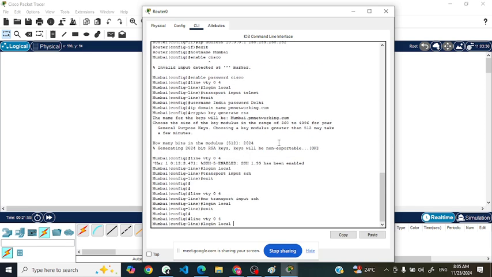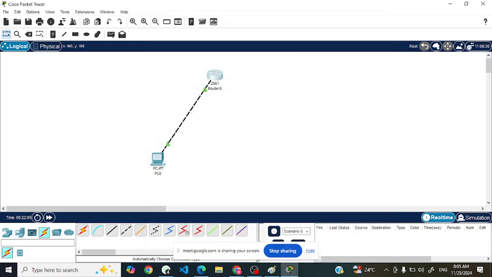Suppose we have not configured Telnet and only configured SSH, will Telnet work or not? Let me do it. There is a concept behind this, but you will not get the confidence without doing the practical. Let me show you.